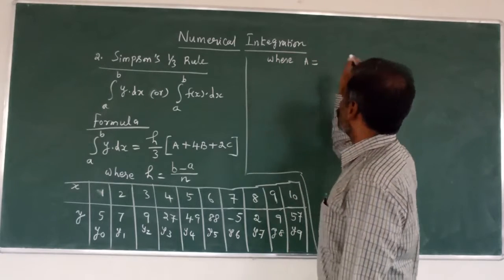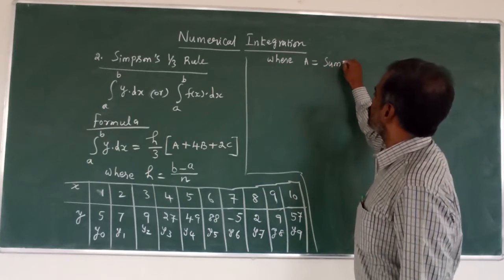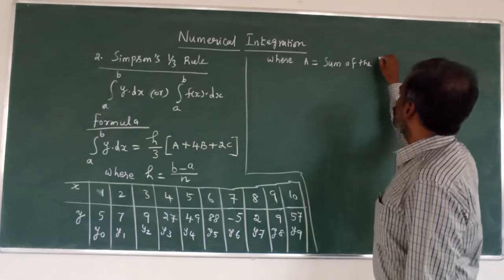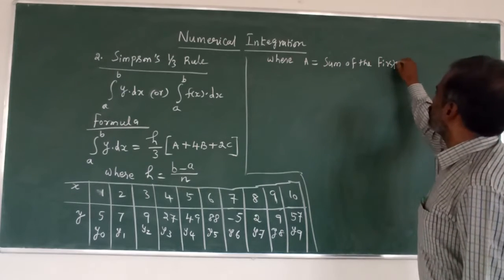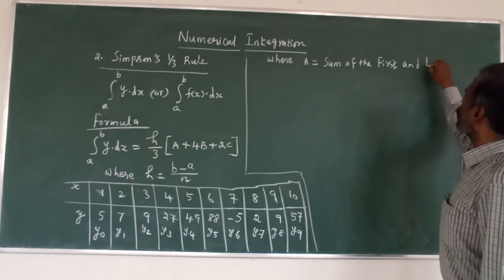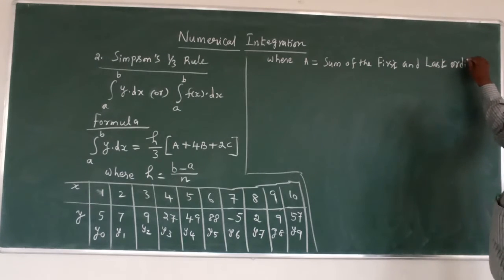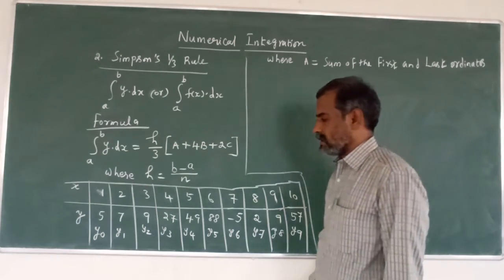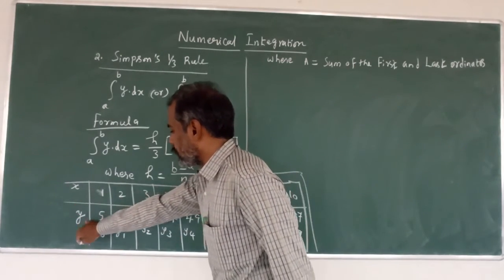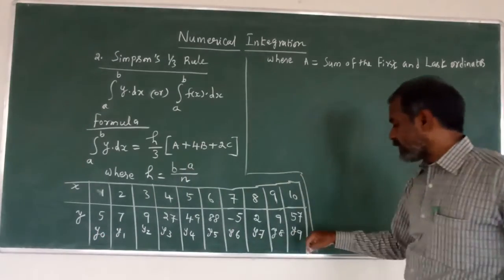A equals the sum of the first and last ordinates. Here the given y values are y0 to y9.